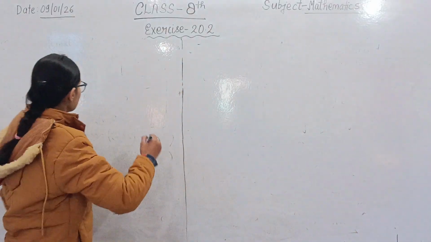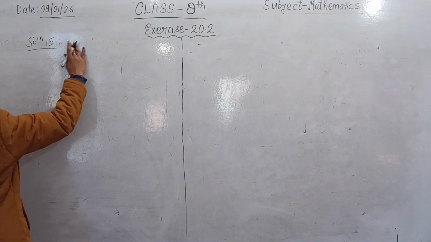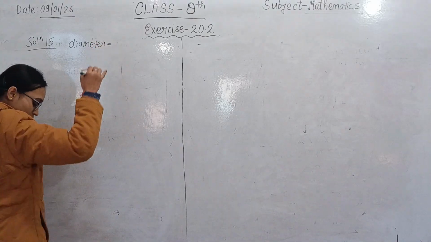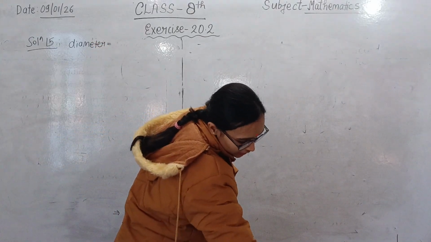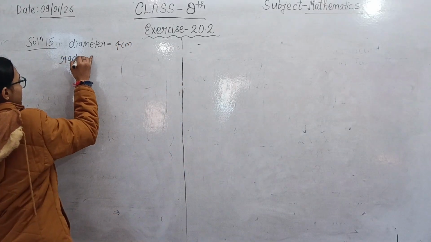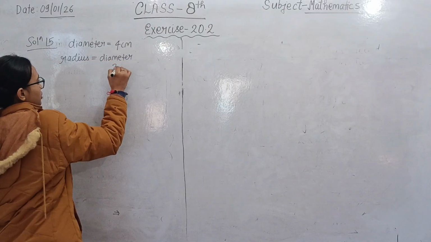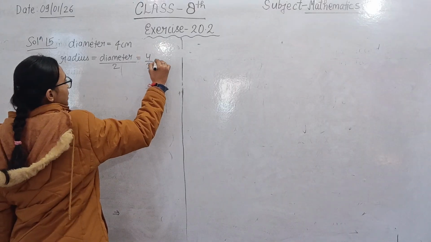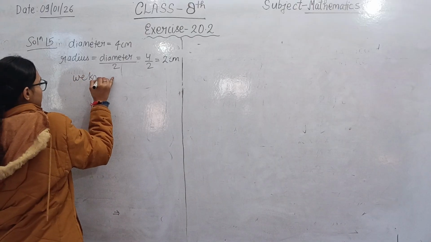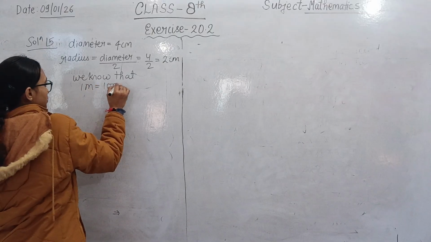Diameter is given as 4 centimeter. With the help of diameter, we will calculate radius. That is, radius is equal to diameter upon 2, 4 upon 2, that is 2 centimeter. We know that 1 meter is equal to 100 centimeter.